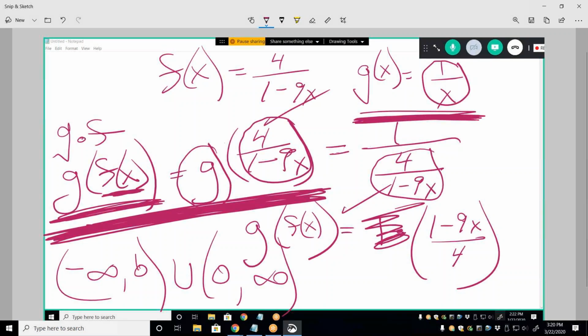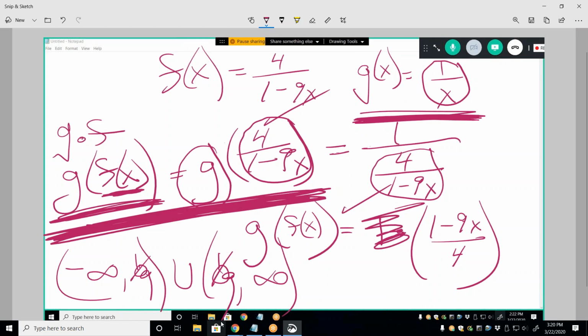Is that an answer? Negative infinity to 1/9 in union with 1/9 to infinity? Yeah, that is an answer. And the previous question is going to include the 0 and the 9 as numbers that x can't be.